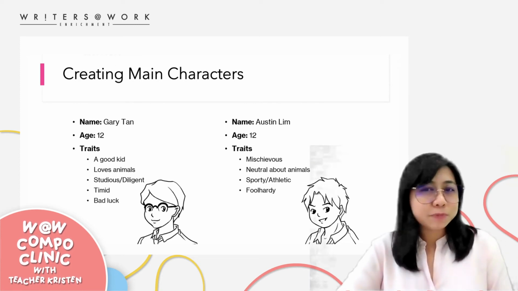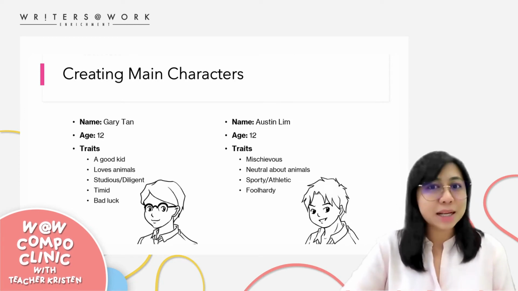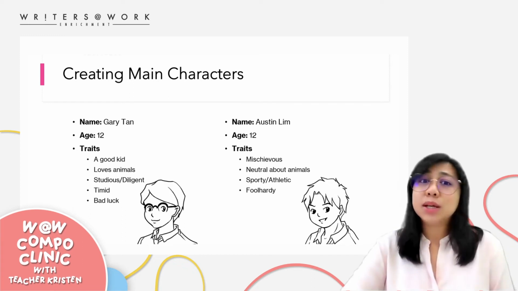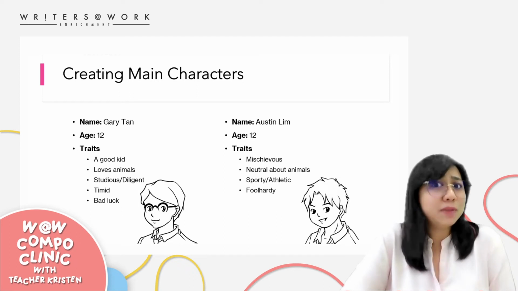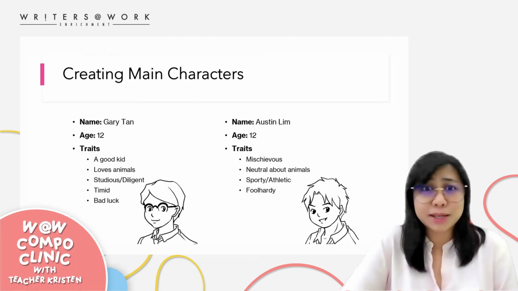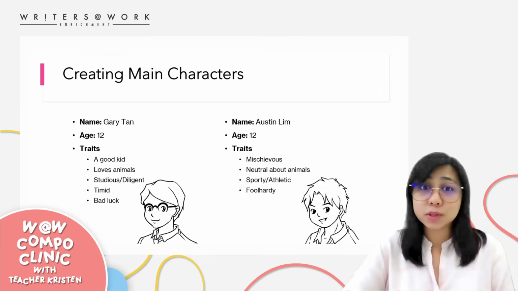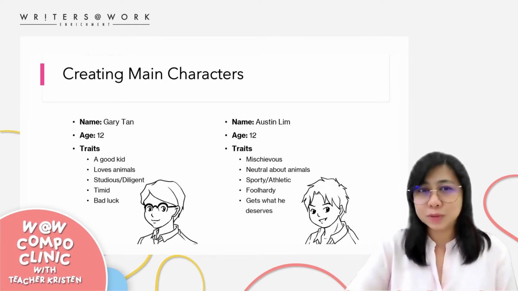Gary also has a very interesting streak of bad luck. Whatever good intentions Gary may have, something unlucky usually happens to him, even though he has the right intentions at heart. Austin, though, since he's so mischievous, it's good to give him exactly what he deserves.